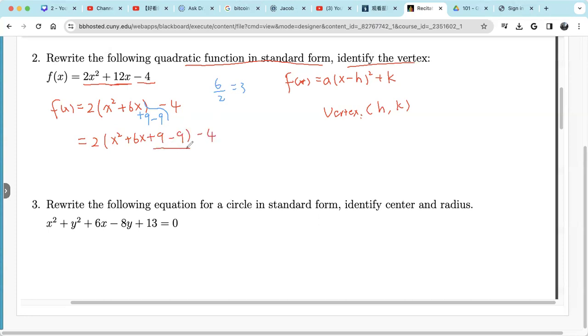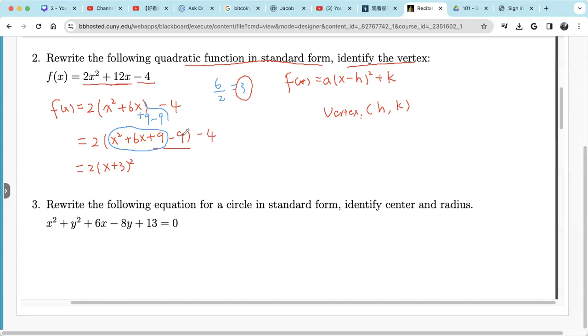We can always add a 0, because plus 9 minus 9 is just adding a 0. But then these 3 terms, x squared plus 6x plus 9, give us a perfect square. So we write it as 2 times x plus 3 squared. You see this 3 comes from here.